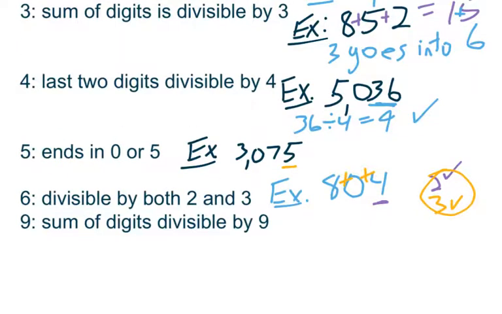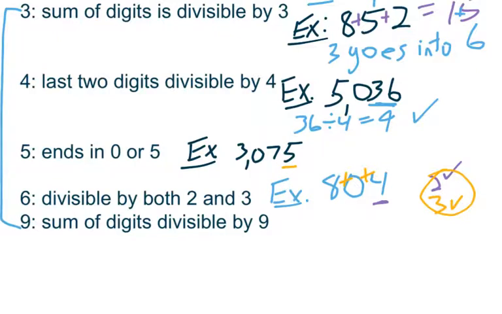Now the rule for 9 and 3 are linked, so we can kind of tie those together. They're very similar. You just add up the digits and see if 9 will go. And if something's not divisible by 3, it's not going to be divisible by 9. That's just a hint.